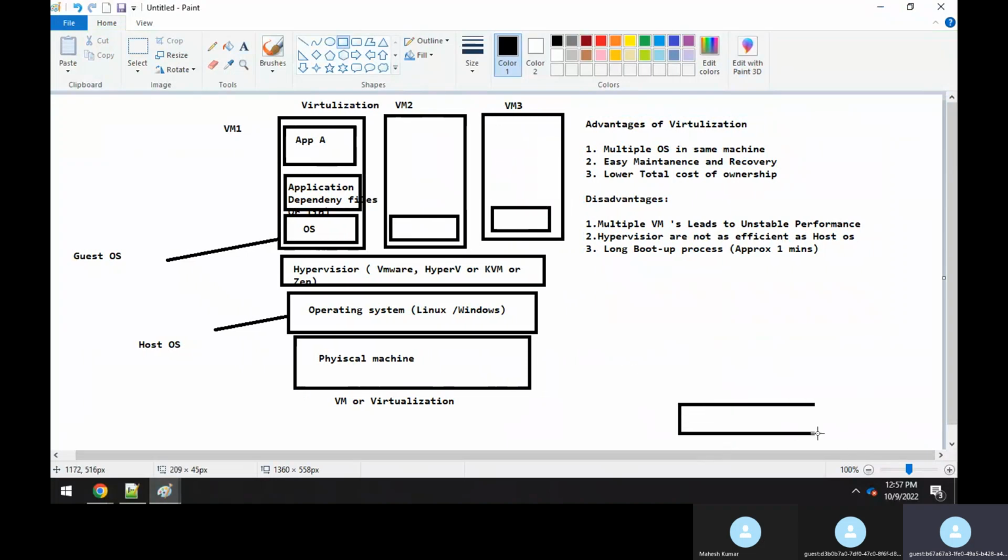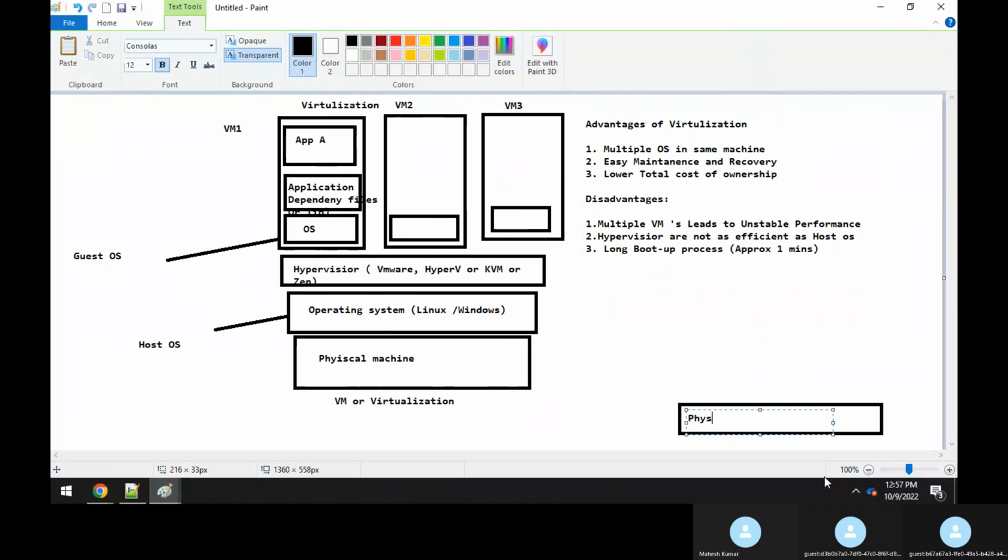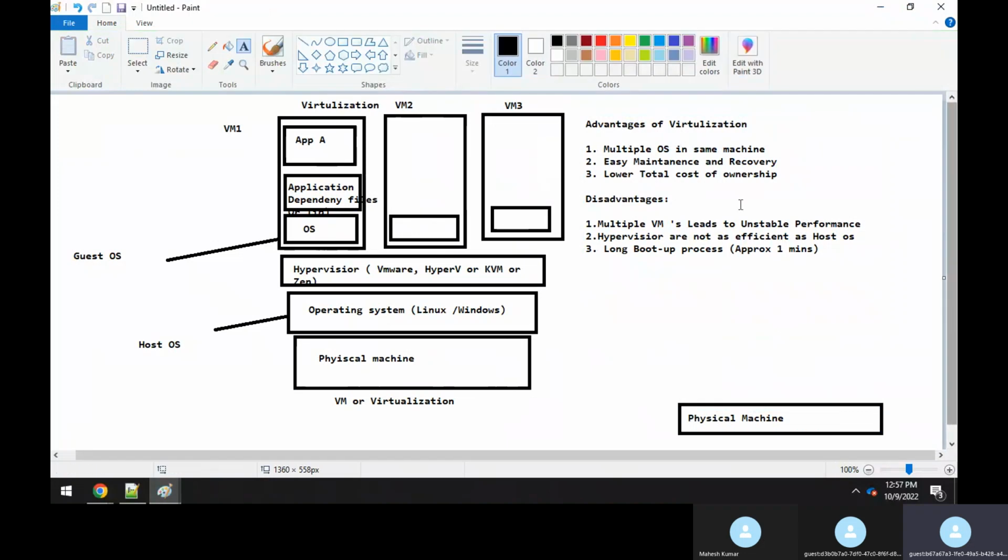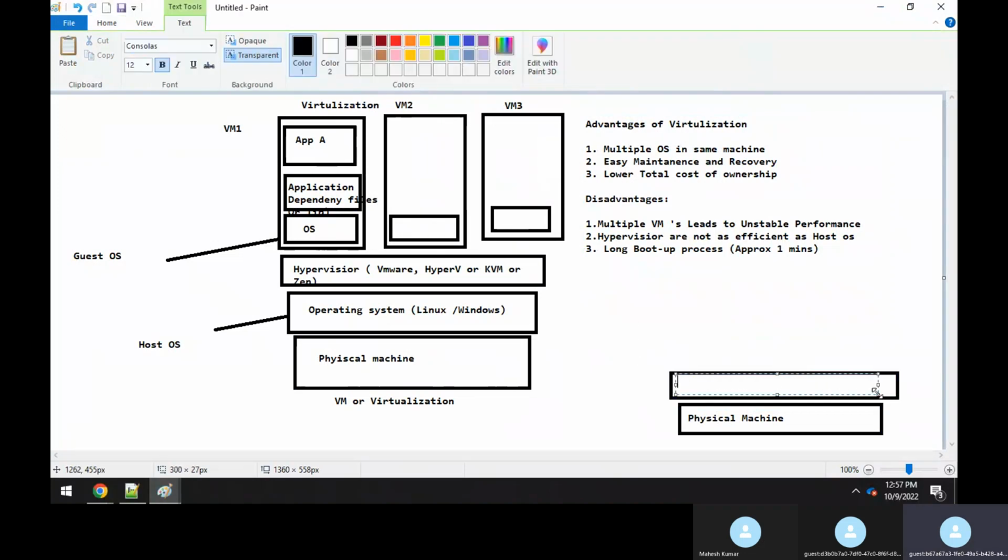You will have something like a physical machine, the same thing. So I'll have a physical machine here. On top of the physical machine, we install the operating system. It could be Linux, Windows, Mac OS or anything, but more specifically we will be installing Linux itself.